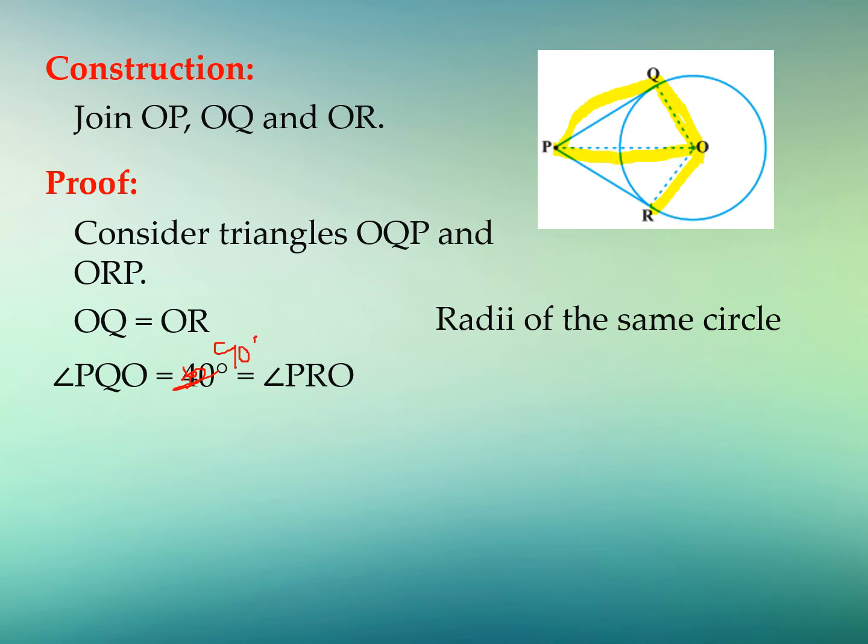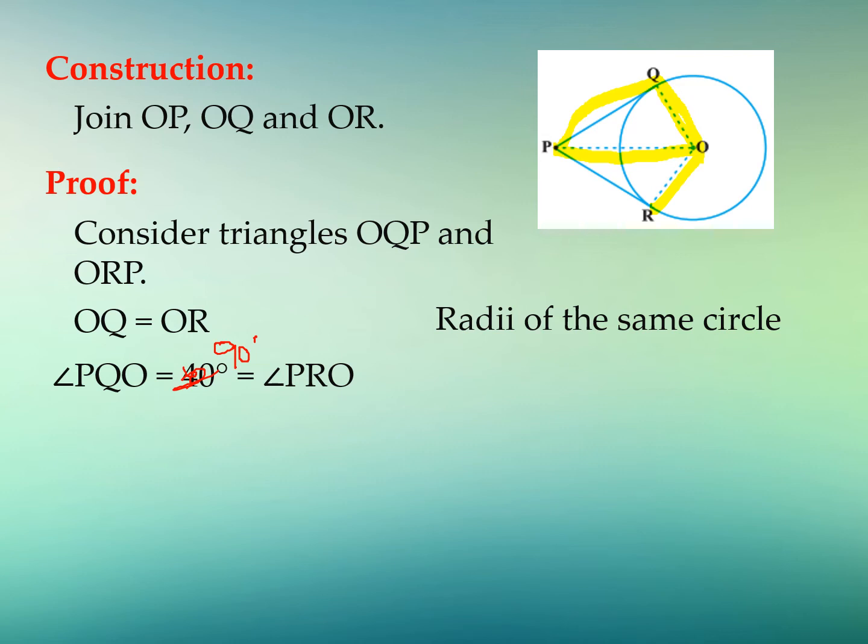Can you understand why it is 90 degrees? We have learned this in our previous session. You can see that OQ is the radius, whereas PQ is the tangent. So when you have OQ and PQ, we know the radius is always perpendicular to the tangent through the point of contact. This is what we learned in the previous session by theorem 10.1.